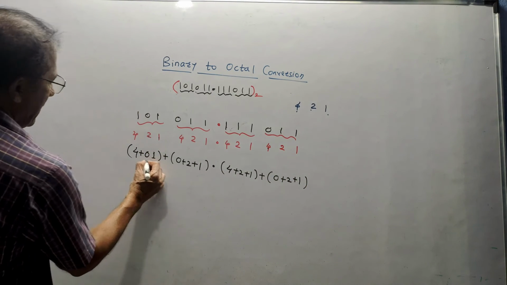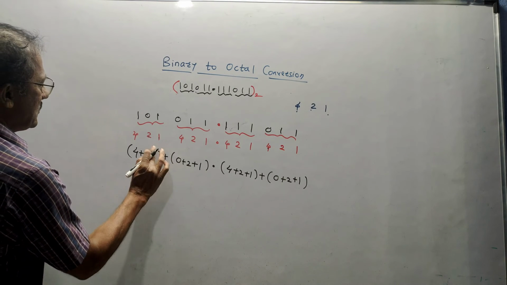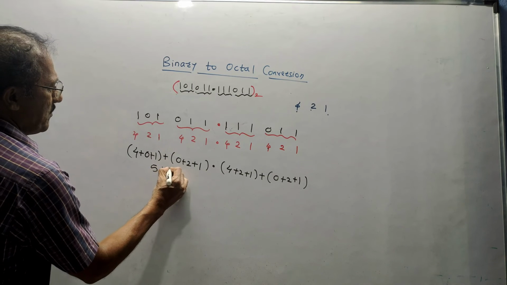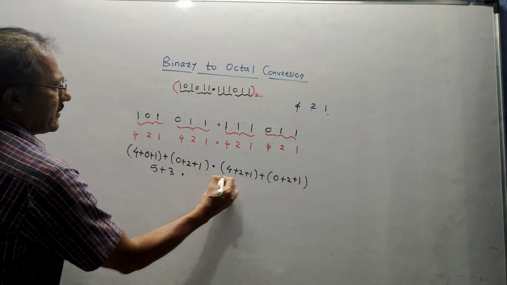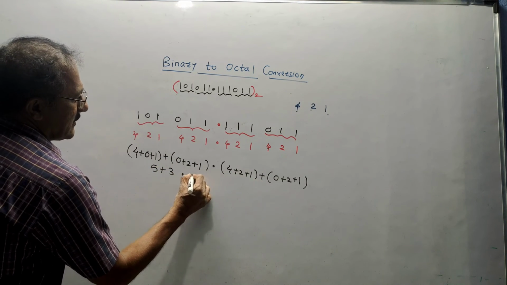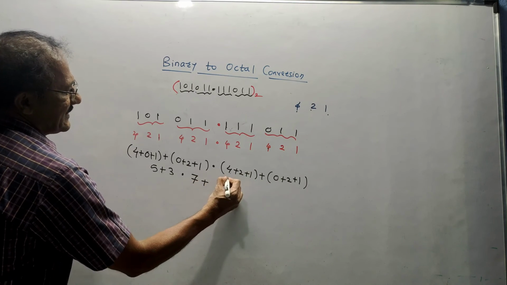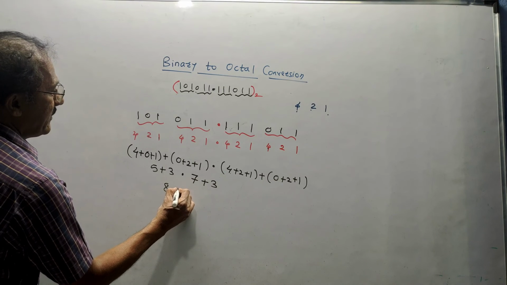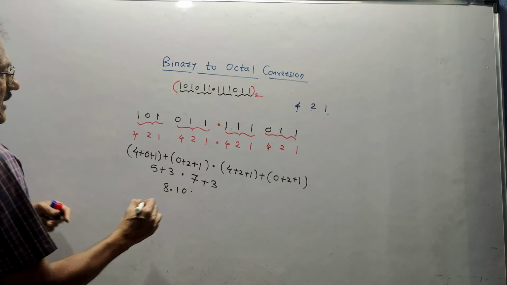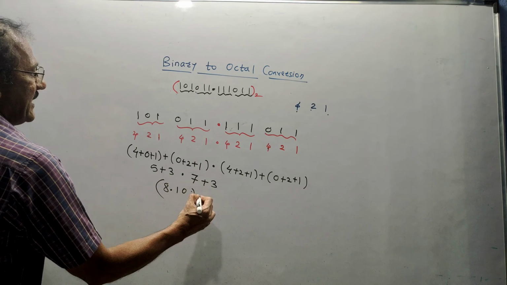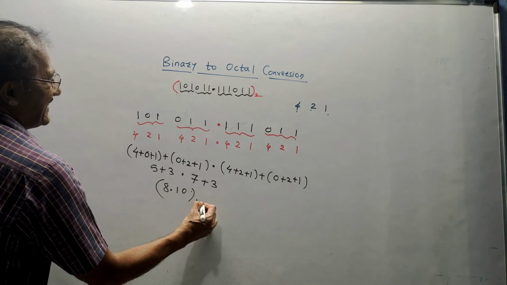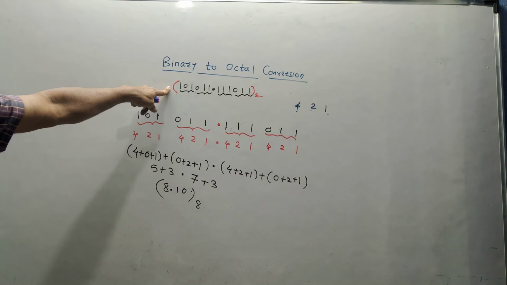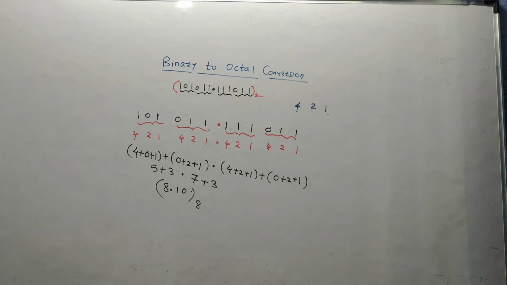So the final answer will be 5 plus 3 point 7 plus 3, so it is 8.10. So the final answer is 8.10 at a base 8, because we have converted binary number into the octal number.